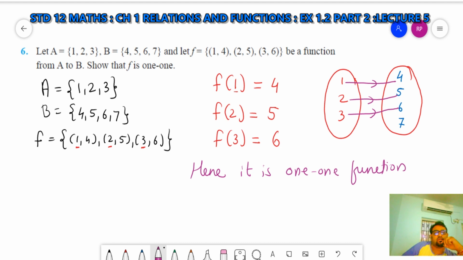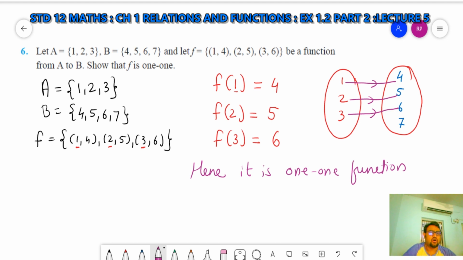Okay, now one extra part. What will be your answer if there is one more question, that is, is it an onto function? Right? If the question is asked, if these are all the ordered pairs of function f, then is it an onto function or not? Then what will you say?